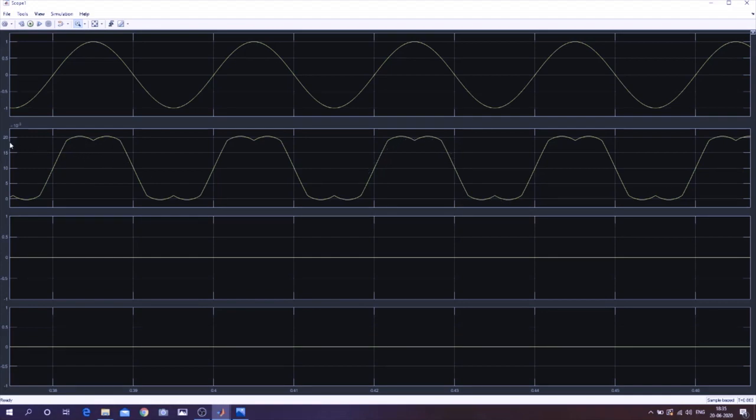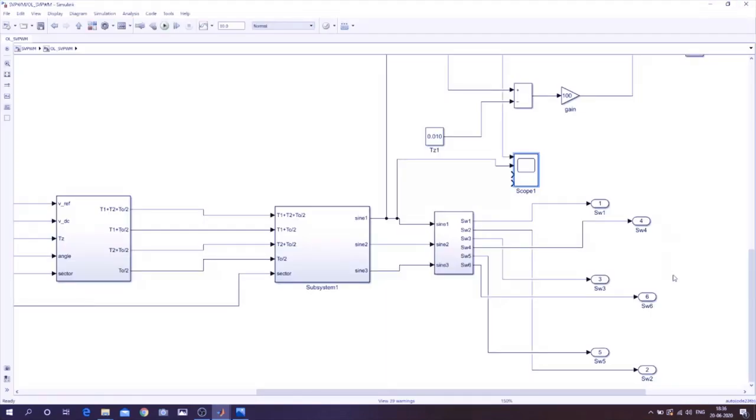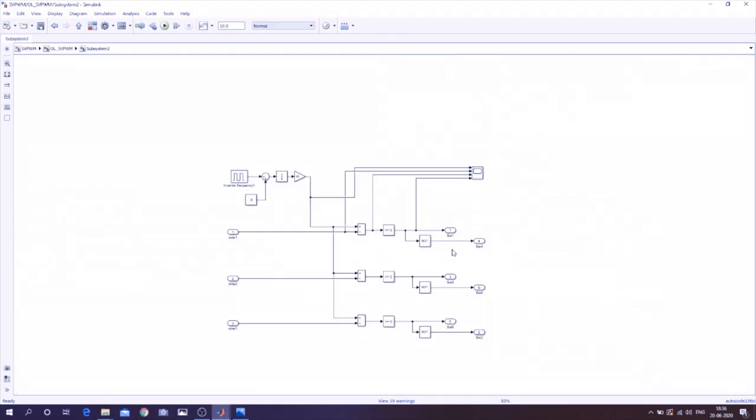So the value is 20 millivolt. So our triangle will also be 20 millivolt, and you notice another thing, that it is unipolar. So our triangle will also be unipolar, right? When we are getting the sine wave over here, our sine wave was unipolar.